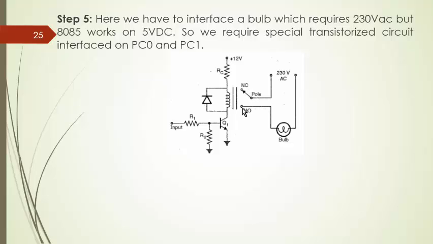So here initially it is normally open, that is the circuit is not closed, and the bulb is in off mode. After the energization of the relay coil, the NC connection is released by the relay and the pole to NO connection is made, and the 230 volt supply flows through this pole to NO and from NO to the bulb, and the bulb gets turned on.